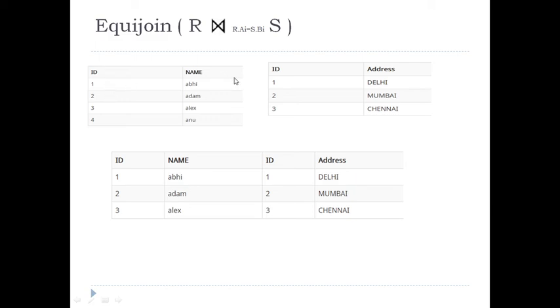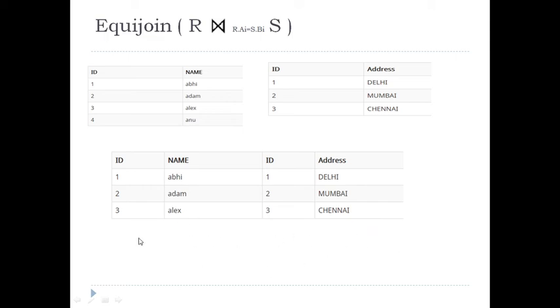Okay, so here 1 is matching, so it will take 1 Abhi, 1 Delhi, then 2 Adam, 2 Mumbai, 3 Alex, 3 Chennai. For fourth tuple, there is no matching ID here. Here it is 4, but in relation S, there is no tuple with ID 4. So you'll get only 3 tuples.